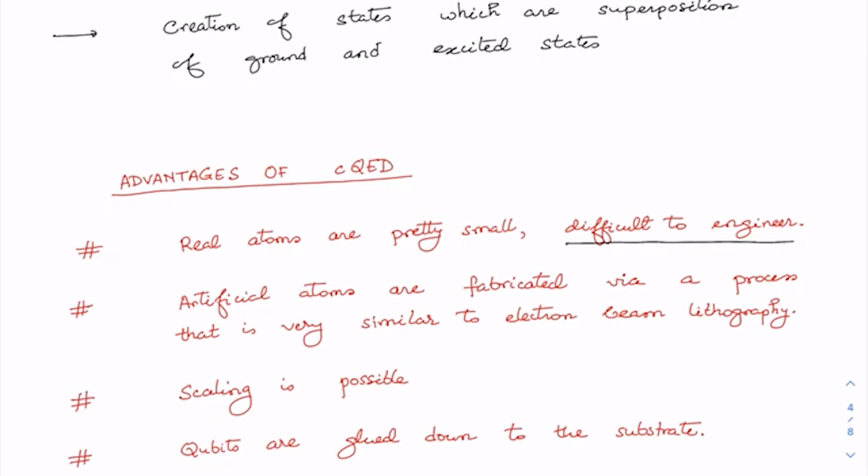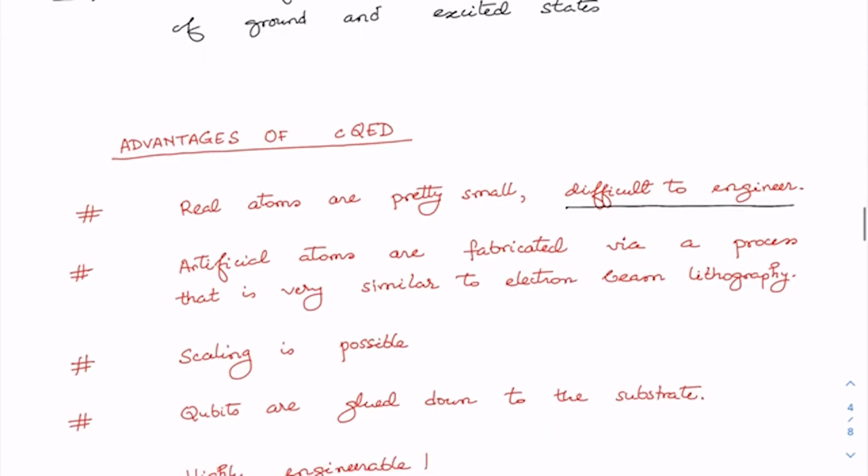So in principle, while it is not yet in practice, we can imagine scaling up this process and manufacturing structures with first say tens and then hundreds and then thousands of these qubits by manufacturing methods that are relatively straightforward.